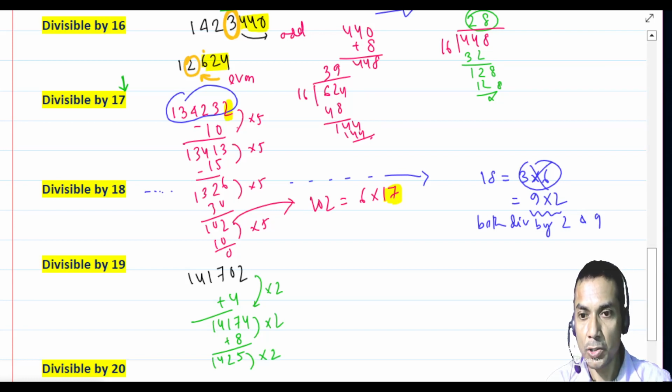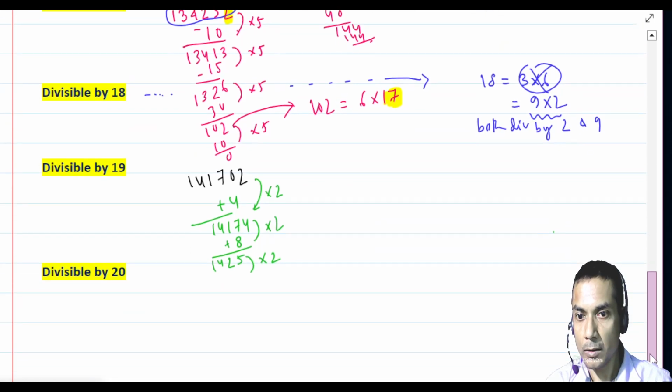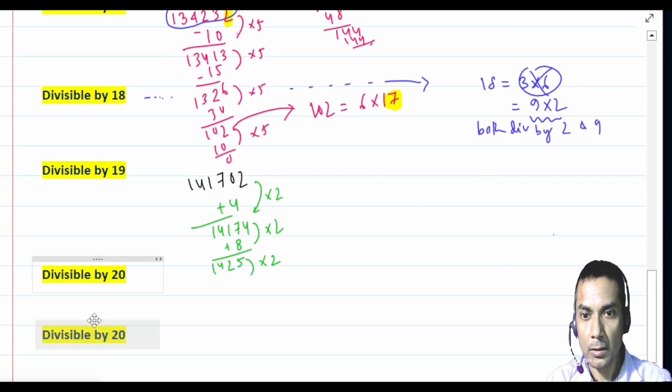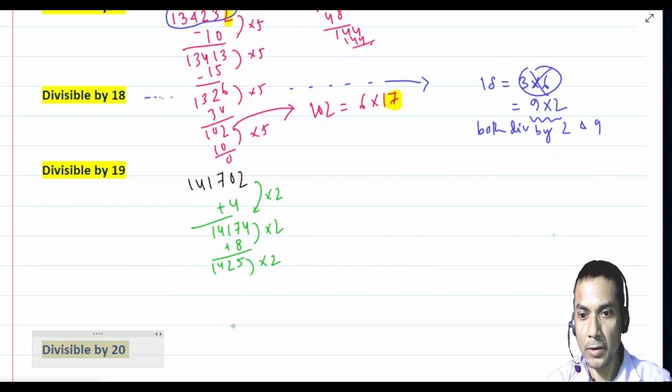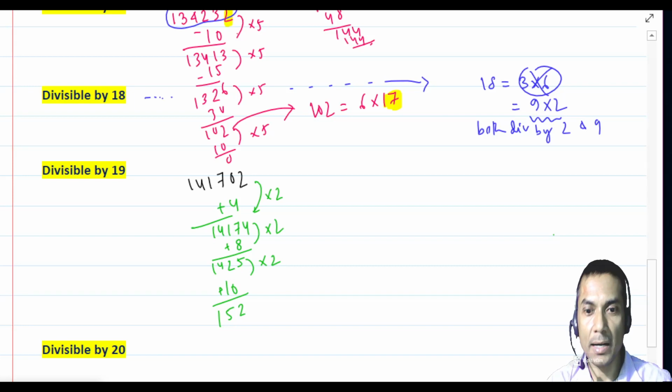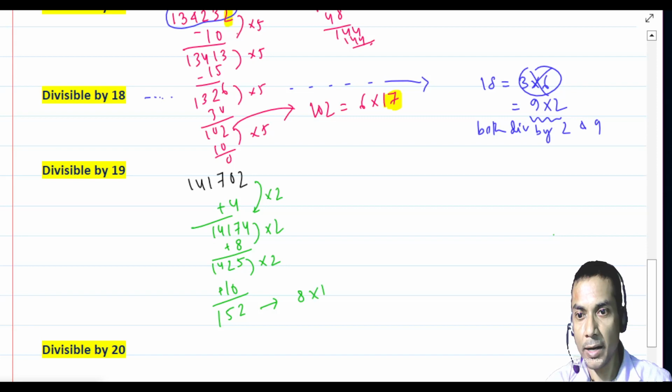Again you multiply the last digit by 2, you get 8, and you add it to 1417, giving 1425. Again multiply 5 by 2, you get 10, and add it to 142, so you get 152. So 152 is divisible by 19, since 8 times 19 is 152.